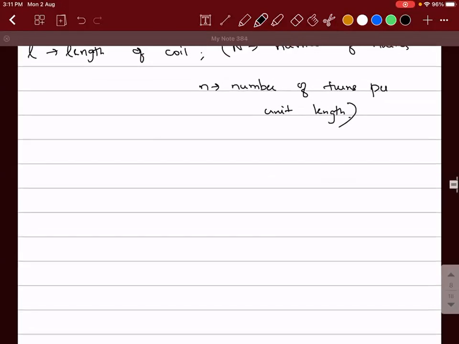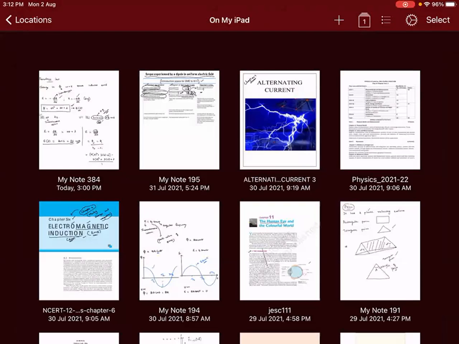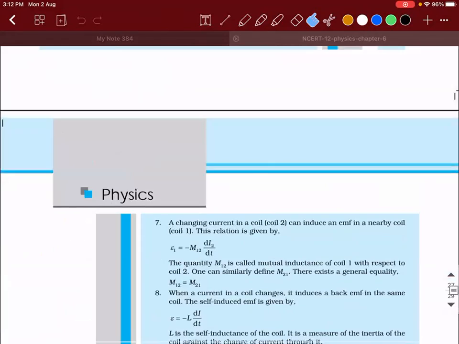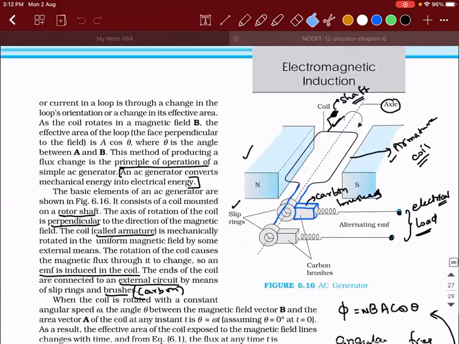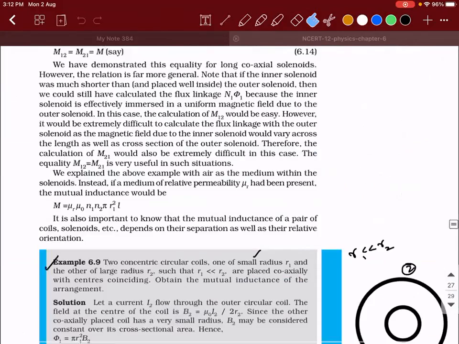Okay. So moving on to the next one. Now we will see the mutual inductance of two coaxial solenoids.